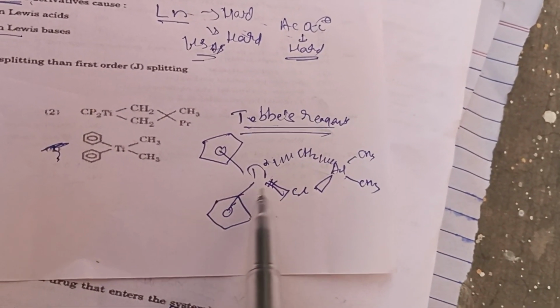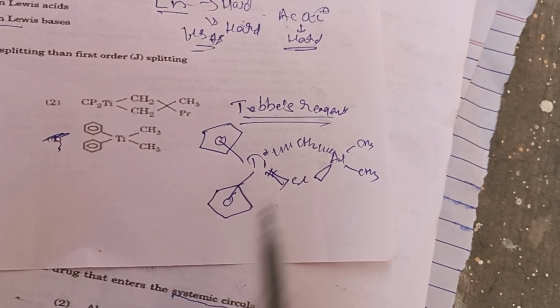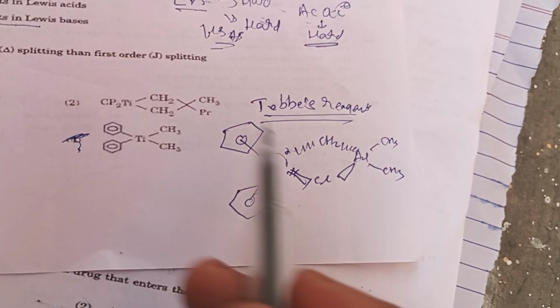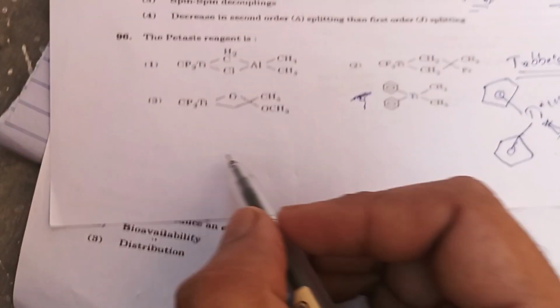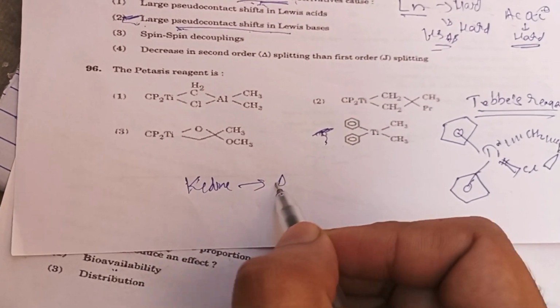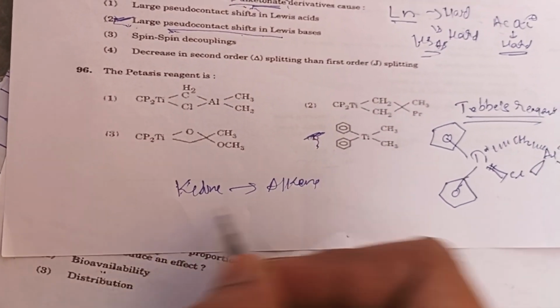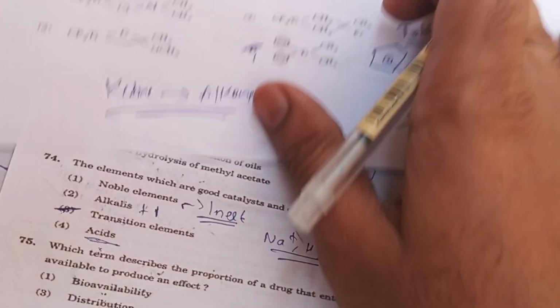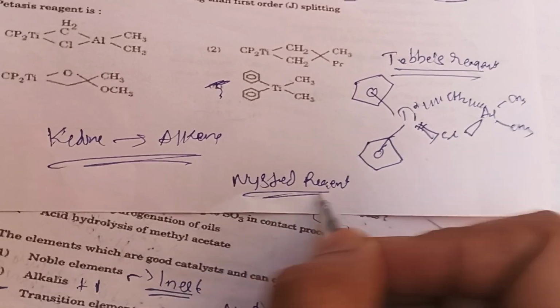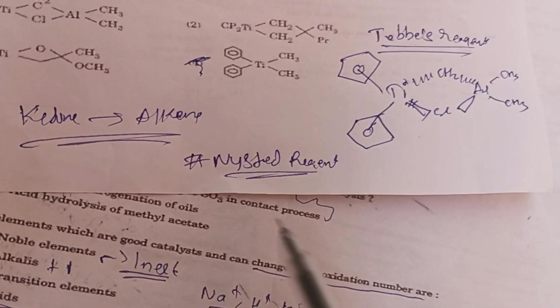It also does methylation of the carbonyl, so it will convert ketone to alkene. Another important reagent is Petasis reagent.